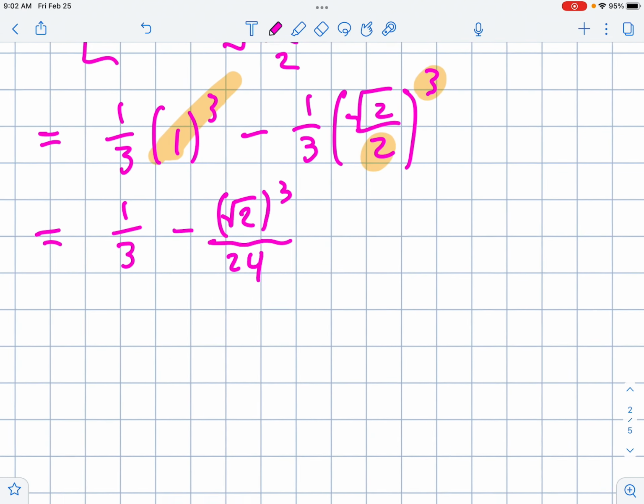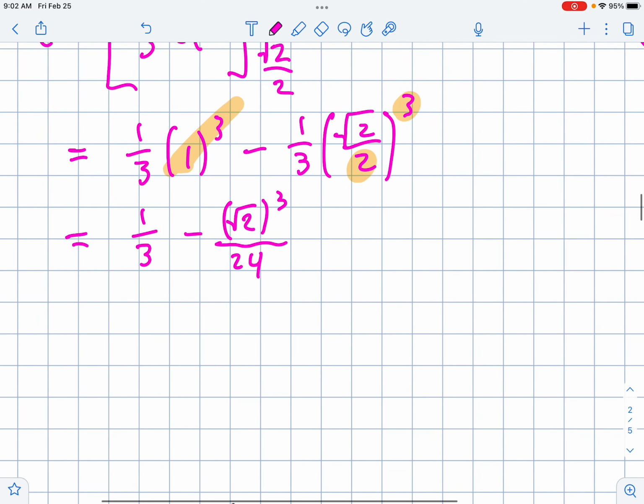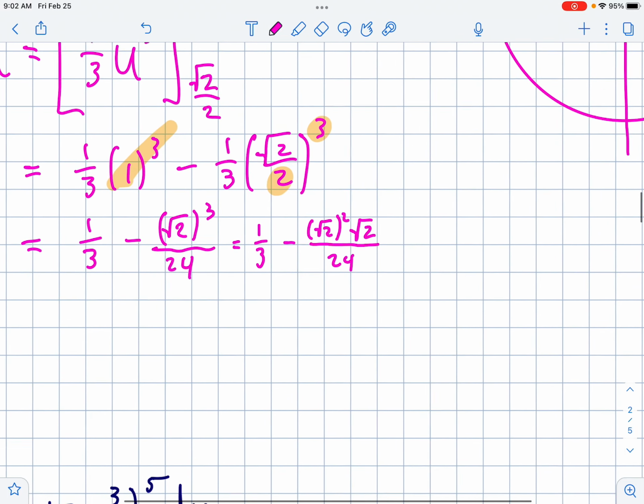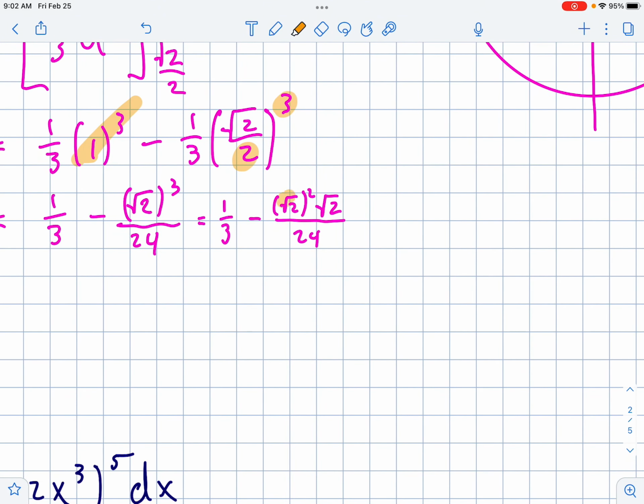Now, you guys, root 2 cubed over 24, if I rewrite this, we'll just let the 1/3 hang out. Root 2 cubed is root 2 squared times root 2 all over 24. Now the root 2 squared is 2, so this whole thing becomes 1/3 minus 2 root 2 over 24.